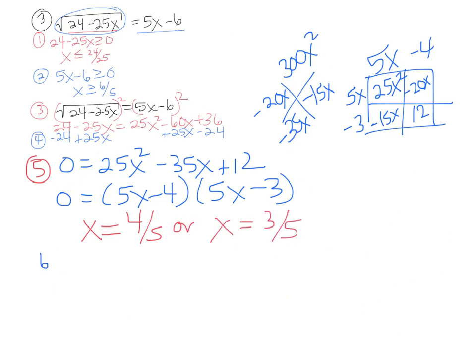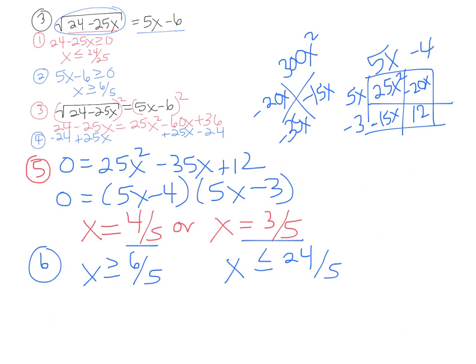So for step 6, it's asking us to check this with the domain. The domain earlier said that x needs to be greater than or equal to 6/5, and it also needs to be less than or equal to 24/25. So both of these numbers, 4/5 and 3/5, are both less than 24/25. However, neither of them are bigger than 6/5.